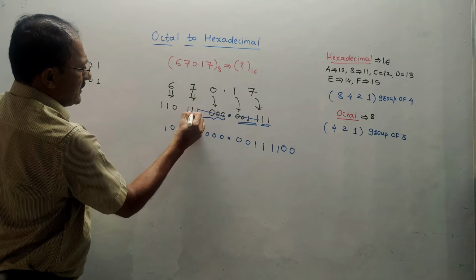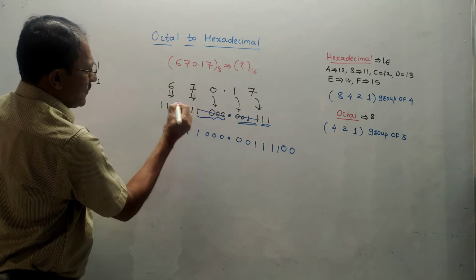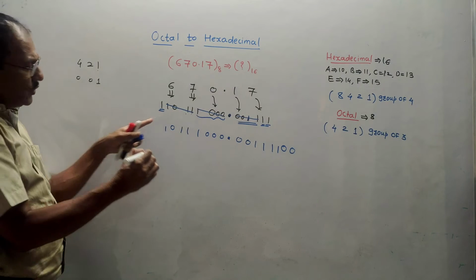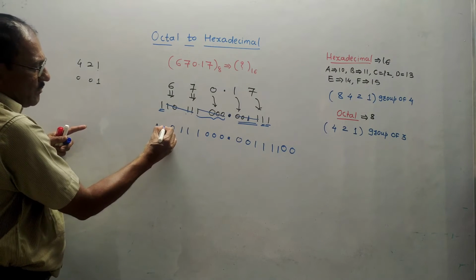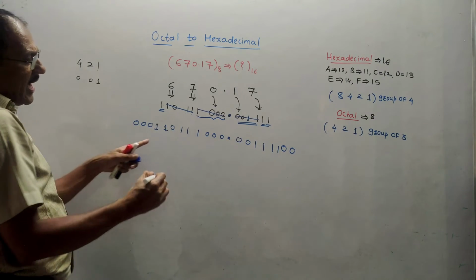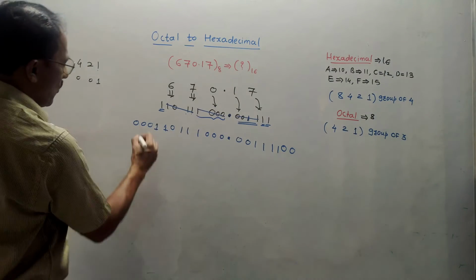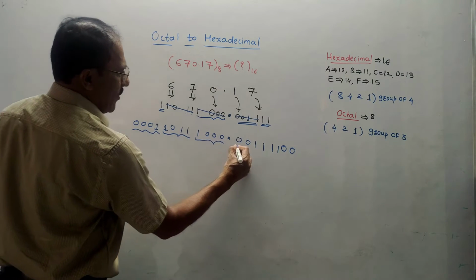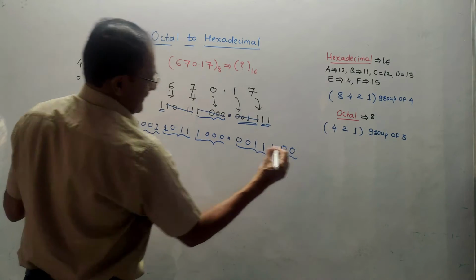I have also finished this part. The remaining number is 1. I need to write it as it is, and to make a group of 4, add 3 zeros. So this is the way I have formed the groups of 4. I will just highlight the groups of 4 which I have formed.